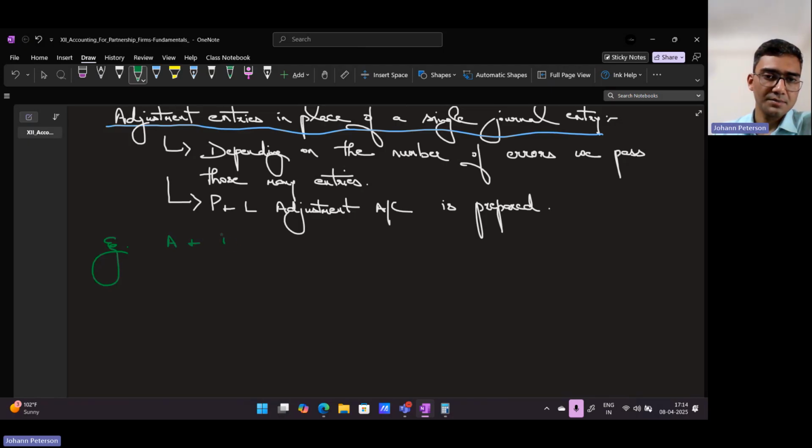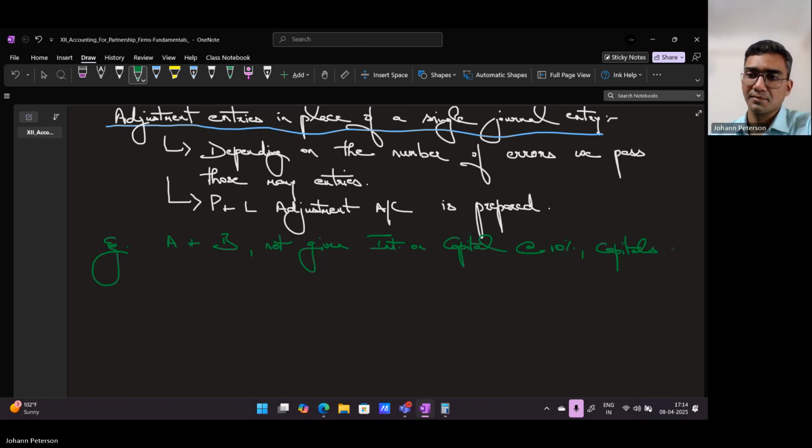There are two partners, A and B, and they have not been given interest on capital at the rate of 10%, capitals being 1 lakh and 50,000 respectively.